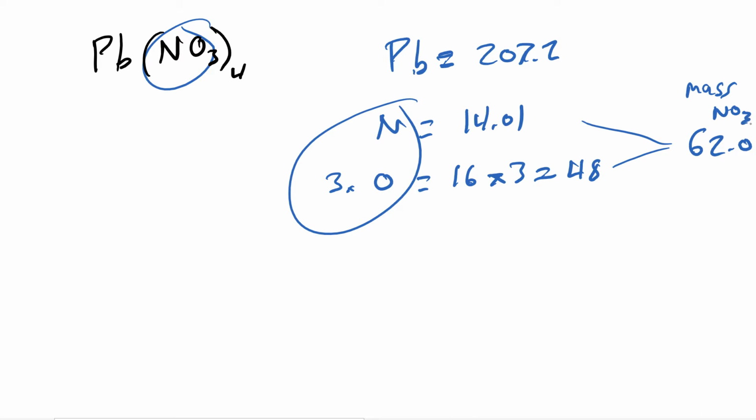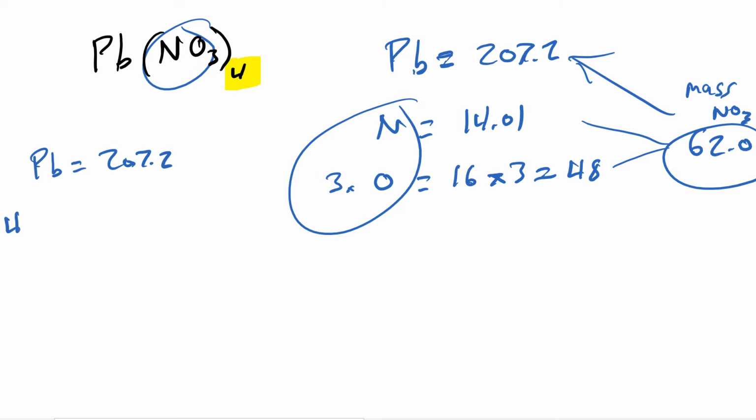Okay, now that's just the mass of one nitrate molecule. But how many nitrate molecules do we have? You guessed it, we've got 4 of them. So that means that we've got to add up this number 4 different times and then add it on top of that. Okay, so over here, we've got lead, which is 207.2. We've got 4 nitrate molecules, and each of those is at 62.01.